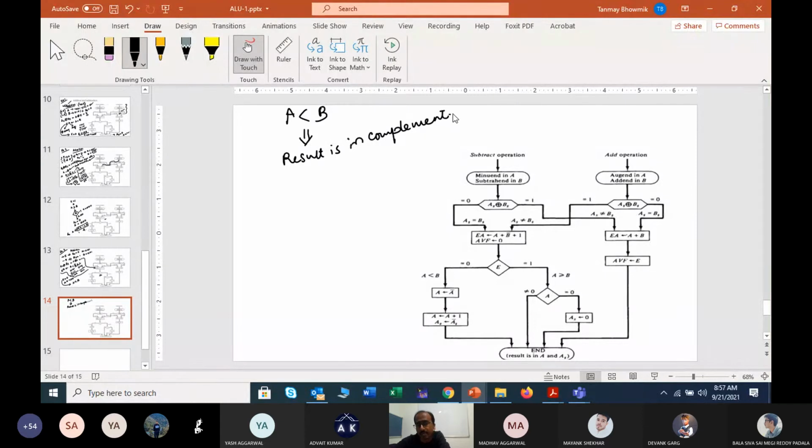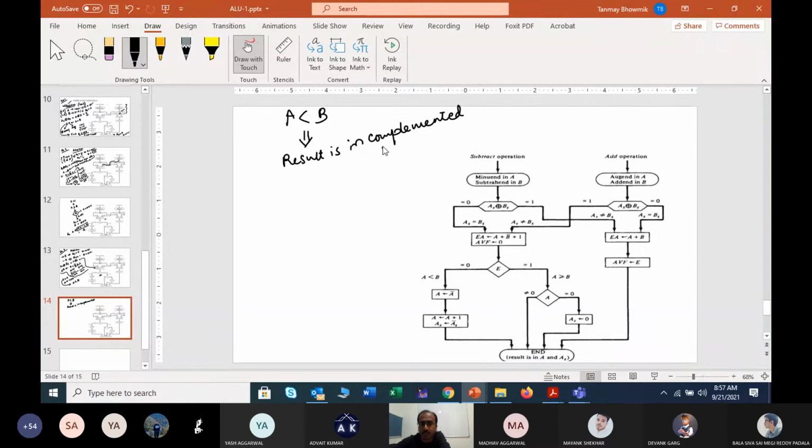This whole thing does not need to be written anywhere. It is only for your understanding.